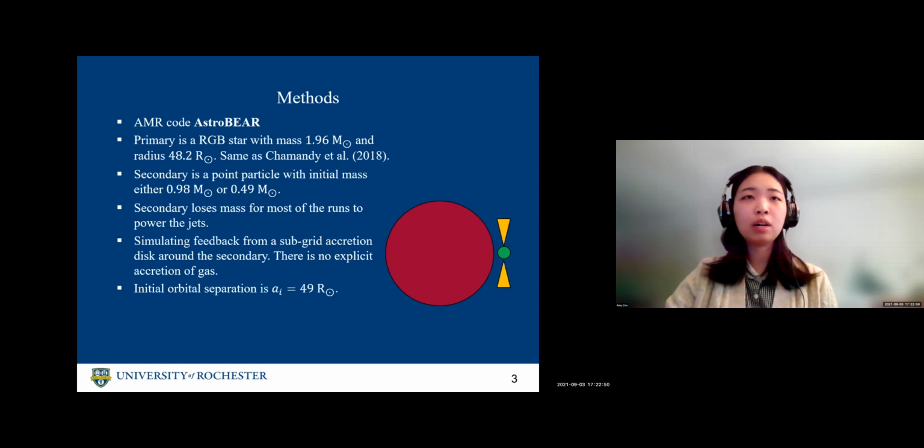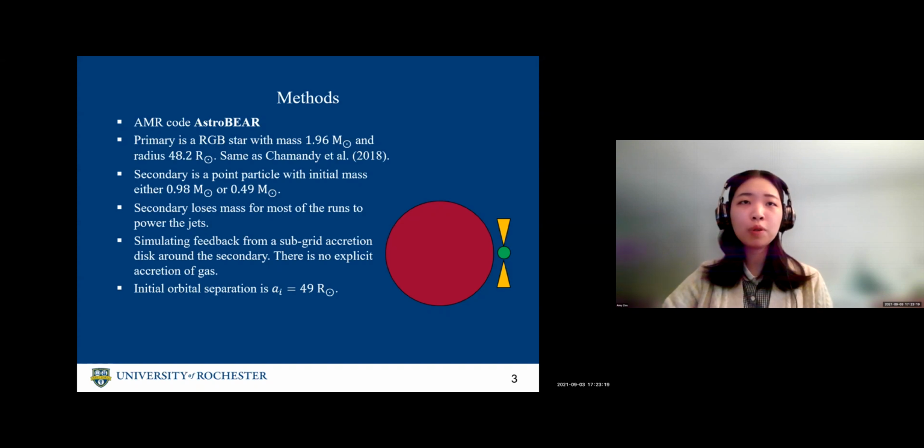In most of our models presented today, the secondary loses mass at a constant mass loss rate to power the jet. In this feedback simulation, we assume there's a subgrid accretion disk already forming around the secondary star, but we do not explicitly include accretion of any gas here.